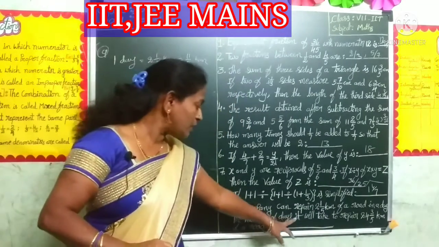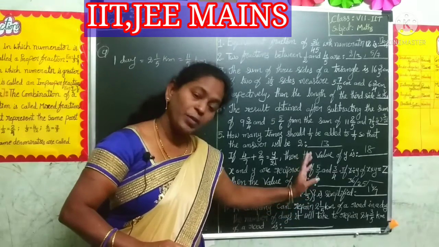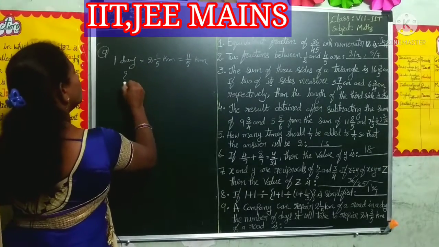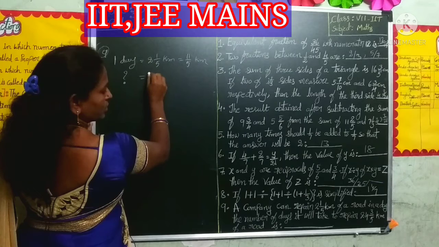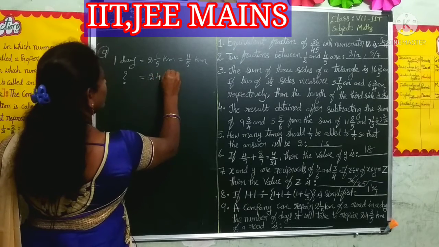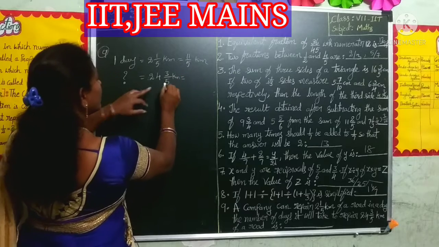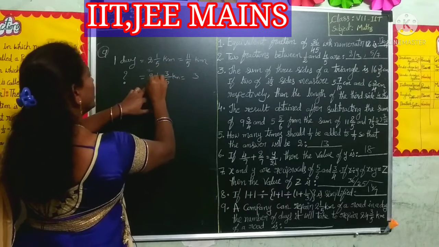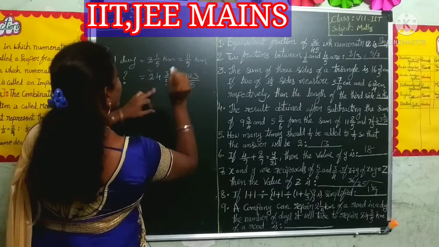Here they didn't mention days, but how many kilometers they completed is mentioned. Work is given as number of kilometers, 24 3 by 5 kilometers. Convert into improper fraction: 24 fives are 120, plus 3, 123 by 5.